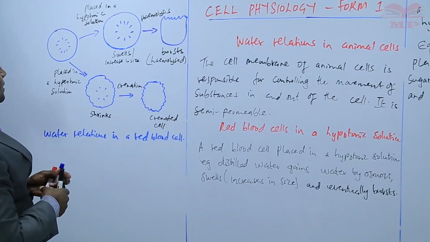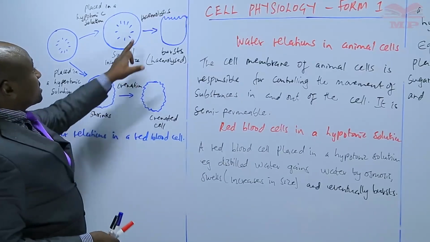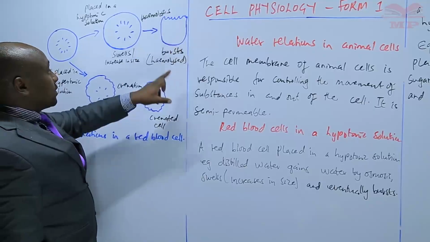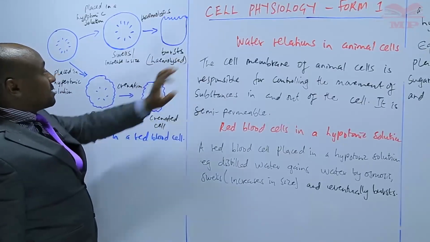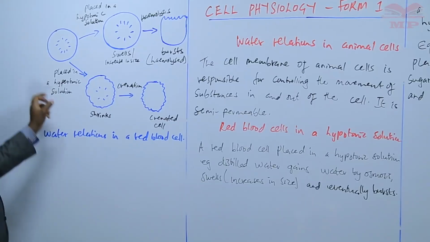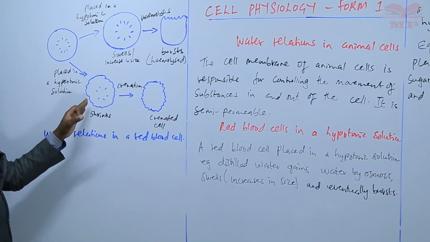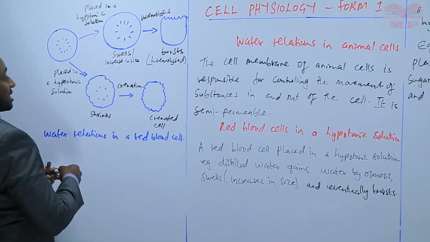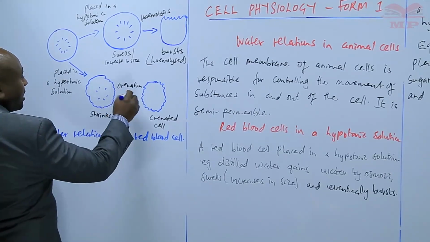And then, if that continues, that particular cell bursts. It undergoes haemolysis. So we say that it becomes haemolyzed. And then when it is placed in a hypertonic solution, it loses water, shrinks, and undergoes crenation. So we can see how a crenated cell looks like.